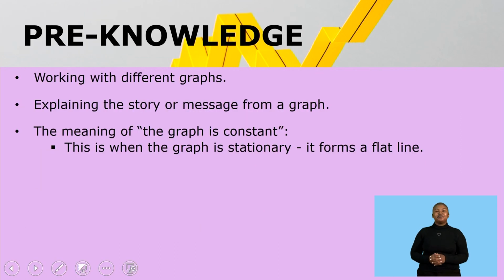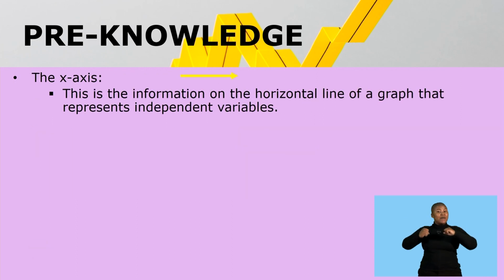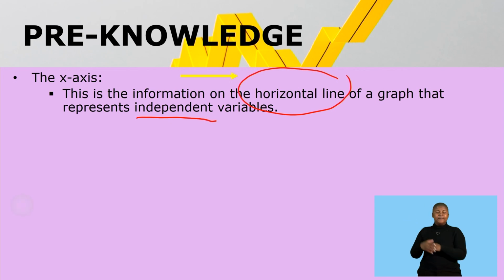Our pre-knowledge is working with different graphs, explaining the story or message from a graph, and also knowing the meaning of the graph is constant. That is where the graph is stationary and it forms a flat line. Now the x-axis is the information on the horizontal line of a graph that represents the independent variable.